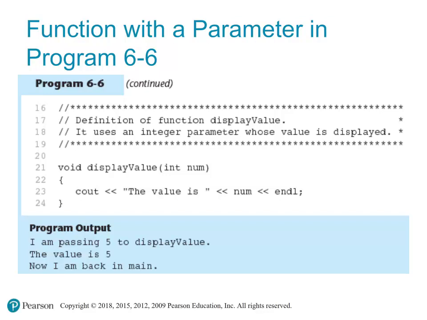Inside the function, the parameter num holds the value passed as an argument during the function call. The function then uses the value to display. The value is whatever is stored in num. The void return type indicates that the function doesn't return any value.